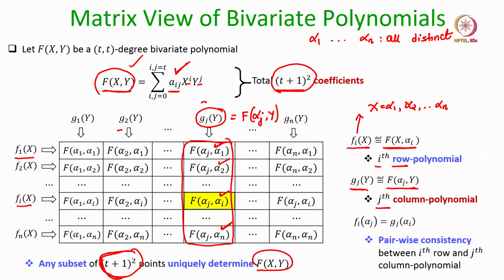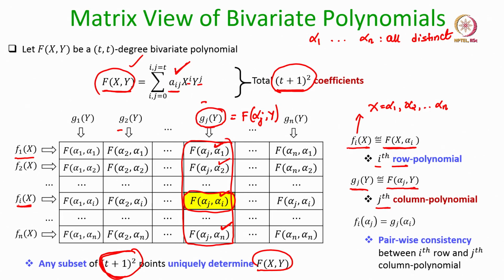Another property which will be useful later in the context of verifiable secret sharing is this pairwise consistency property. You can see here that there is this highlighted value, a common value which appears both on the ith row polynomial as well as on the jth column polynomial.